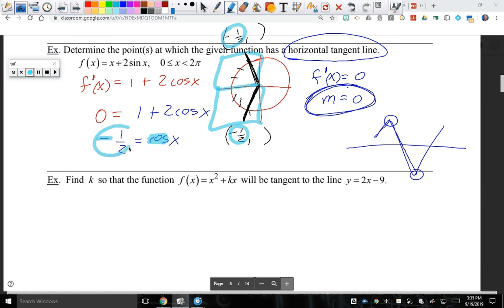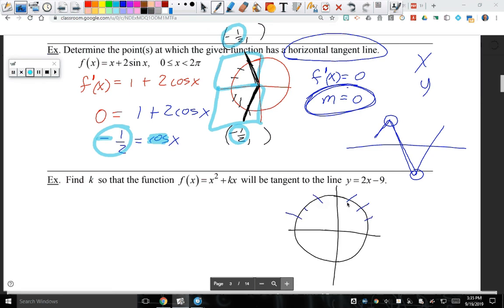How do you know to do the 3, 2, 1? If you didn't see this in pre-calc, a fast way that you can recreate the unit circle is doing x's first and then y's. So I could go 3, 2, 1.